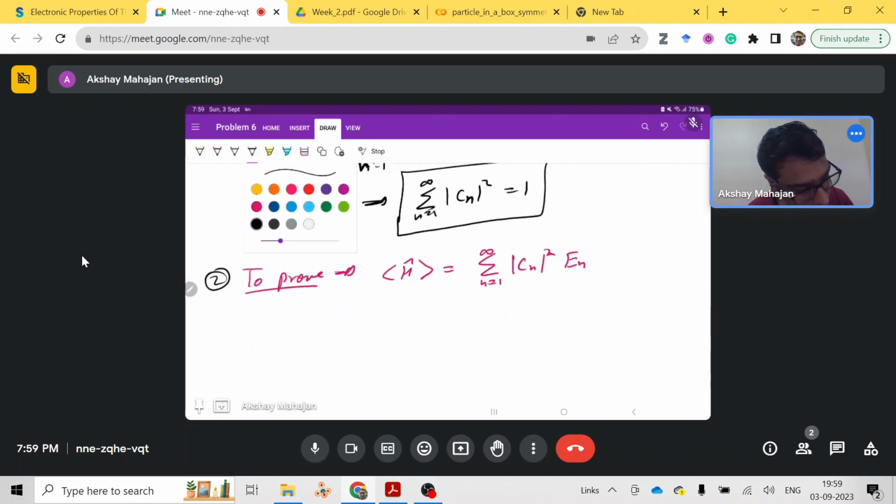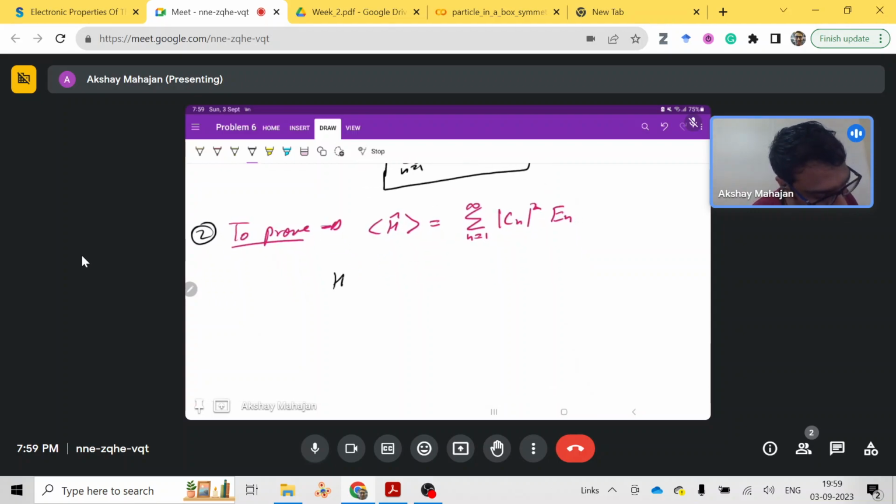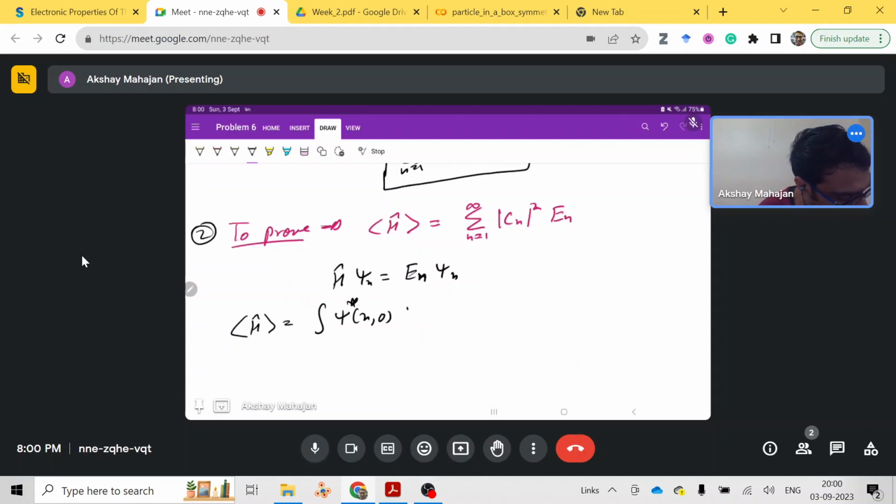For this, we know that h cap of psi n is equal to En times psi n. And the expectation value of h cap will be with respect to our wave function, the integral of psi star of x comma 0 times h cap psi of x comma 0 dx. The integration limits I am not writing, but basically it is from minus infinity to infinity.